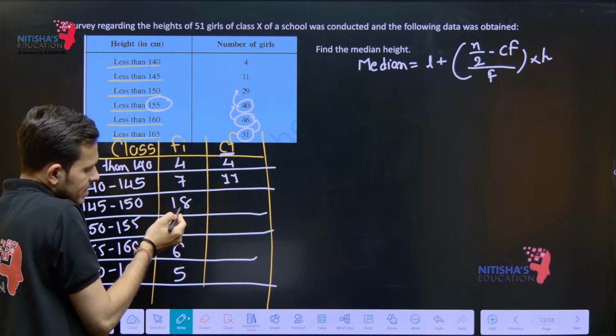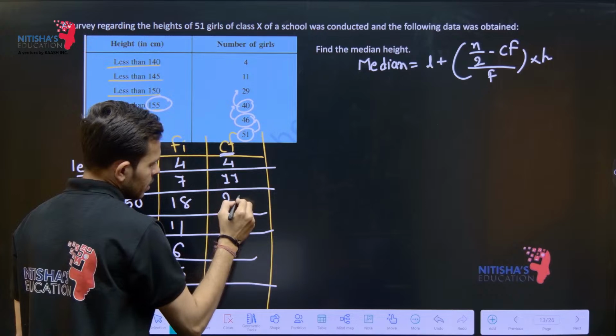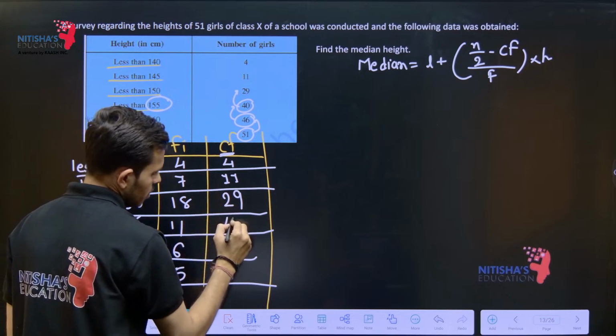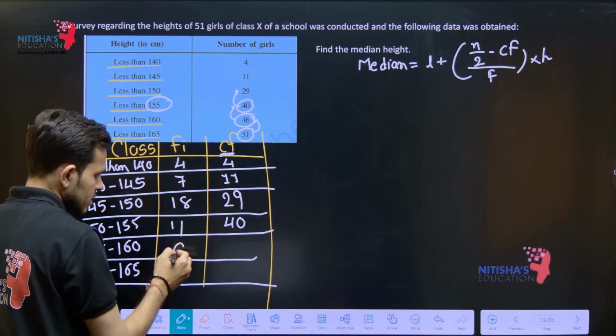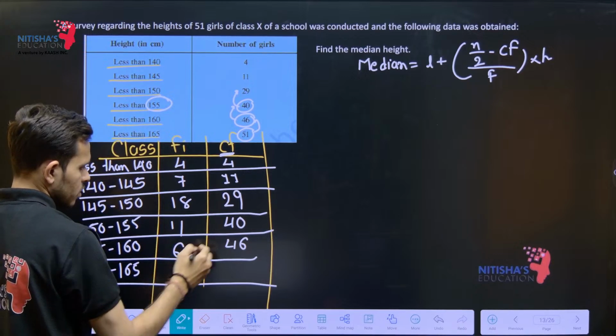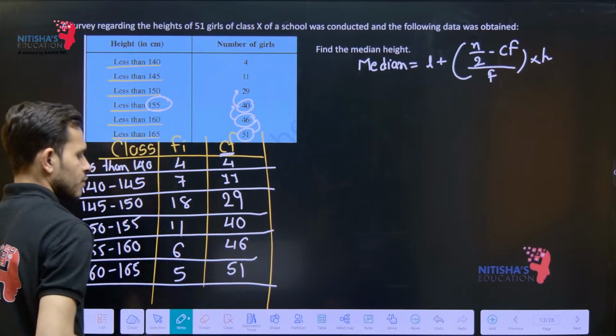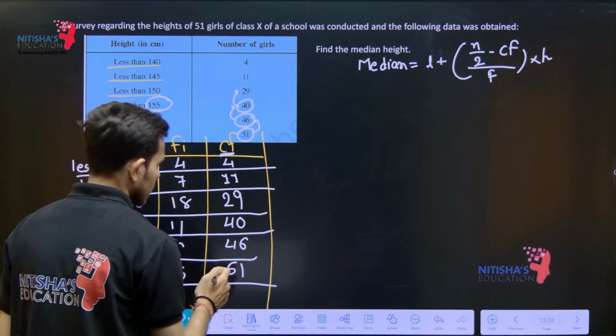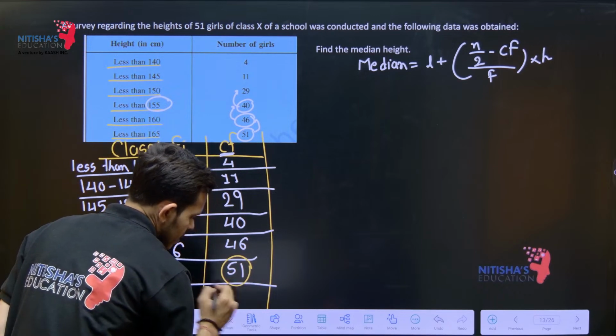Now add 18 to 11, then it will be 29. Add 11 to 29, it will be 40. Add 6 to 40, it will be 46. And add 5 to 46, it will be 51. So this is the Cf, and we can also consider this as n.